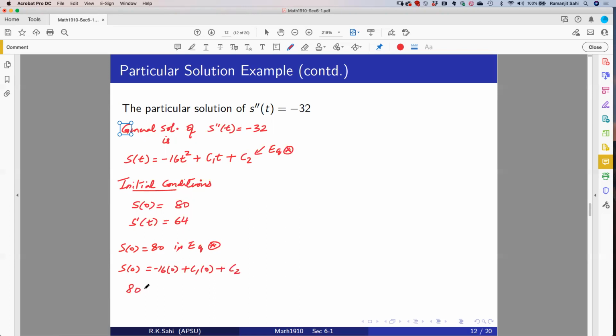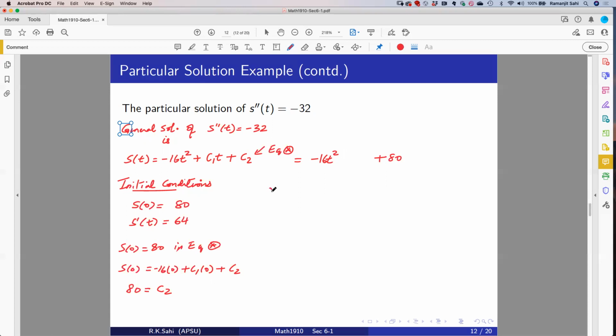So what do we get? 80 equals c2. But we are still left with c1. Let's write down what we're getting: -16t squared plus c1 t plus 80. I do not know what c1 is here, but I definitely know c2, which is 80.